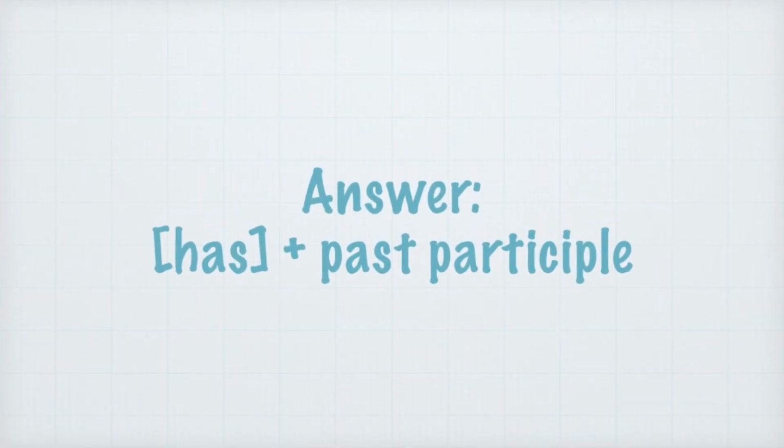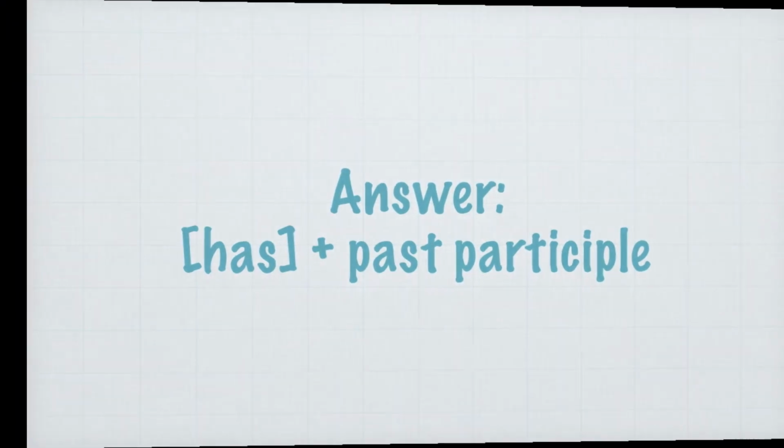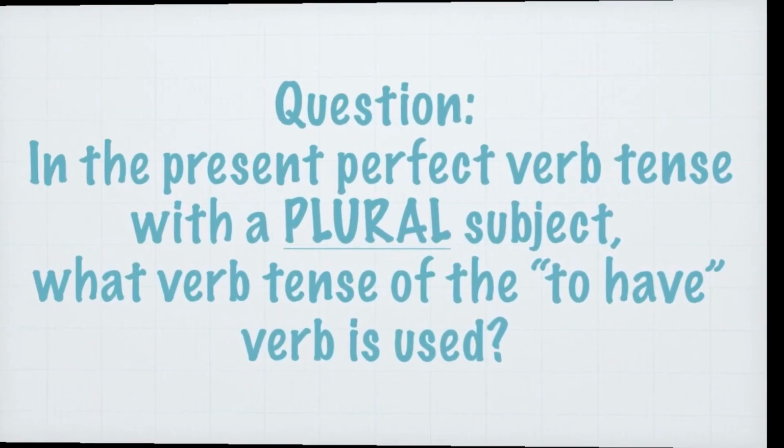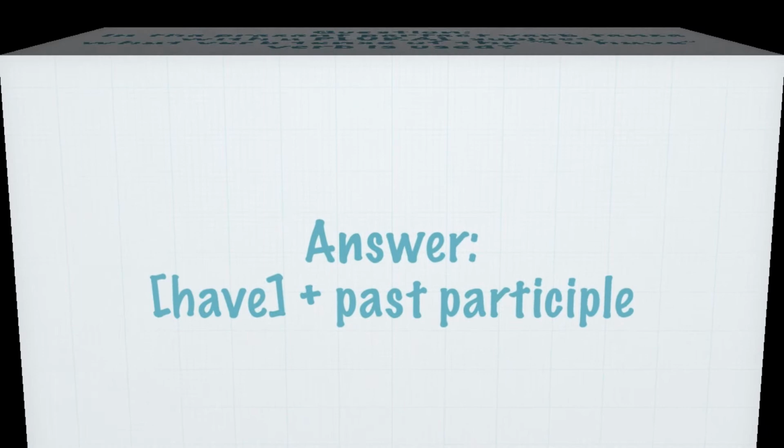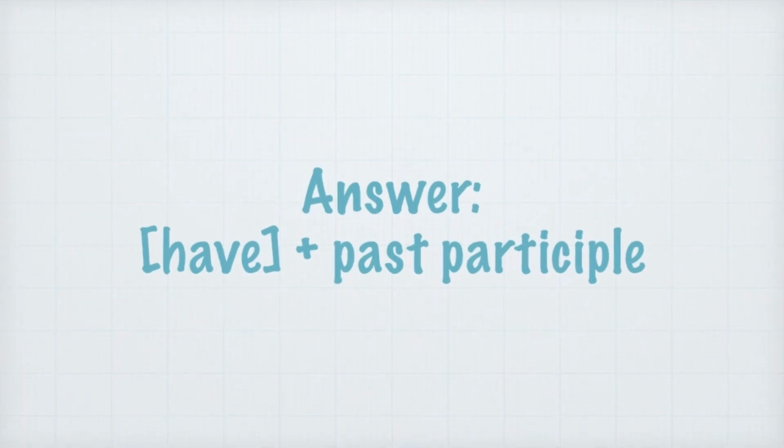Has plus past participle. In the present perfect verb tense with a plural subject, what form of the to have verb is used? Have plus past participle.